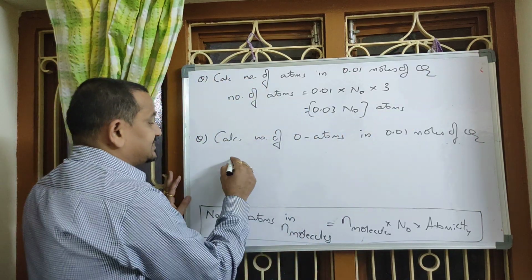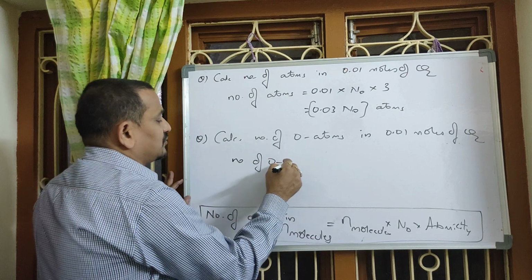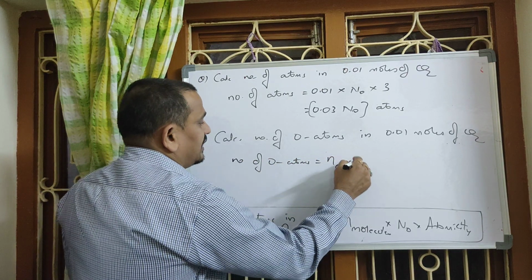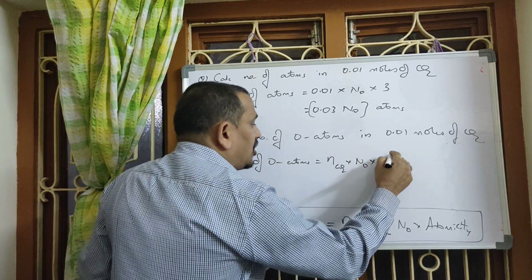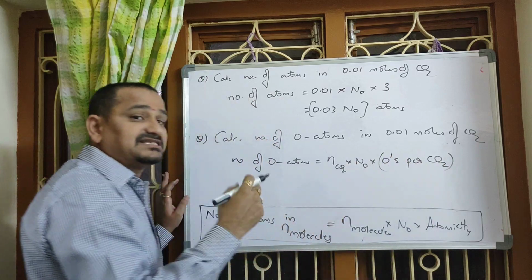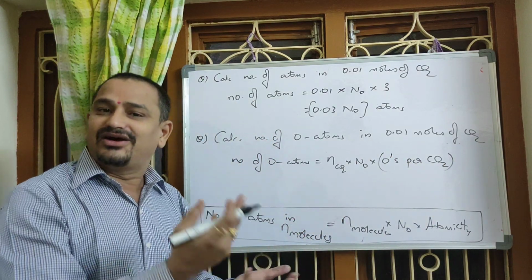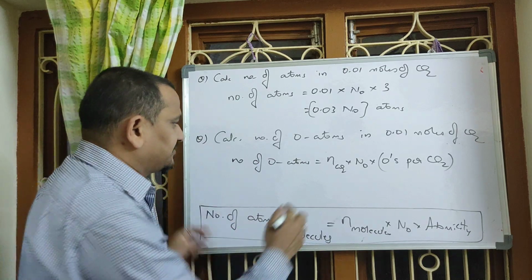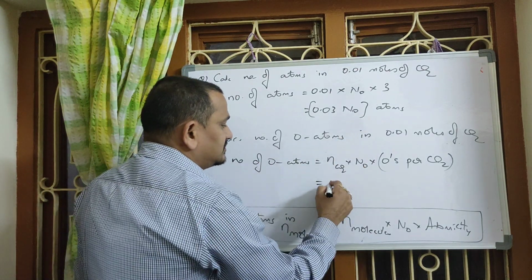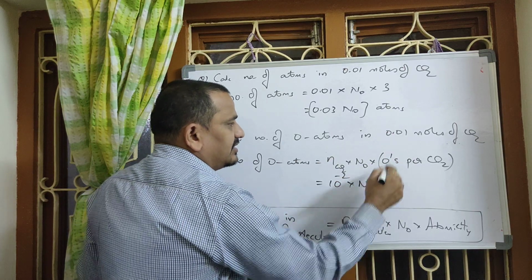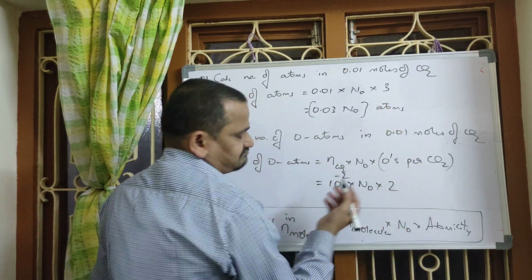So for this case, number of oxygen atoms equals number of moles of CO2 into Avogadro number into oxygens per CO2. Only oxygens per CO2 instead of atomicity, we have to consider, very good. Right. Now what is the number of moles of CO2? 10 power minus 2, into Avogadro number into oxygens per CO2, which are 2.